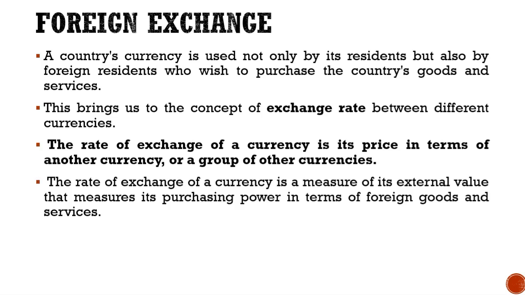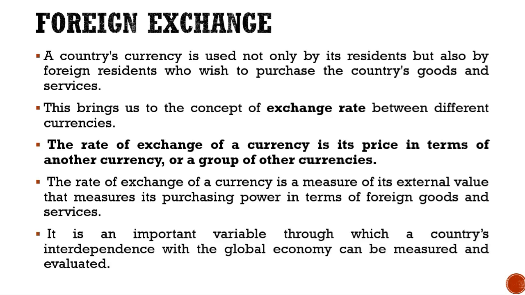The rate of exchange of a currency is the measure of its external value, that measures its purchasing power in terms of foreign goods and services. Now, it is an important variable through which a country's interdependence with the global economy can be measured and evaluated.